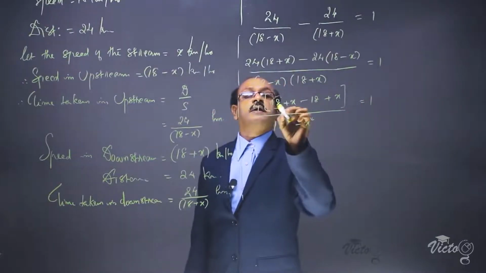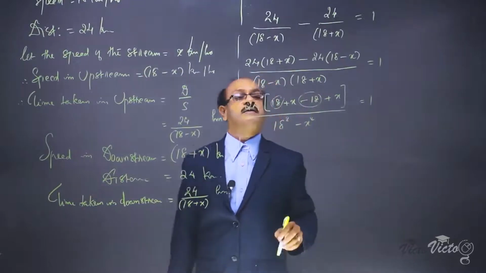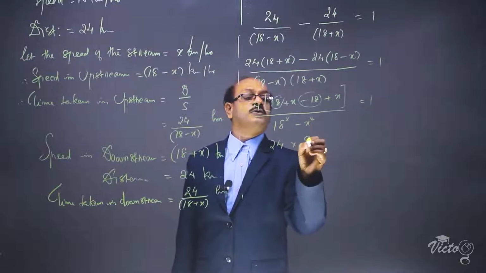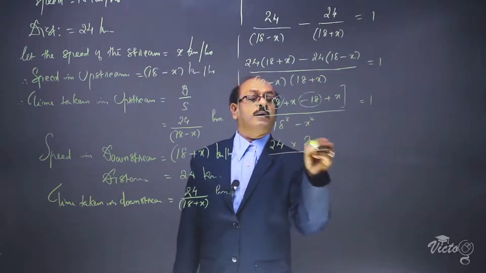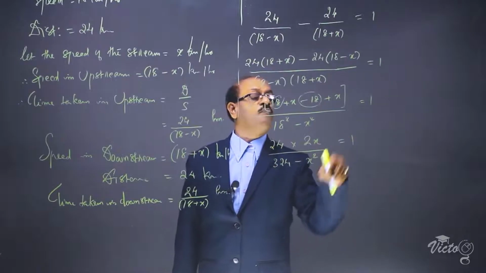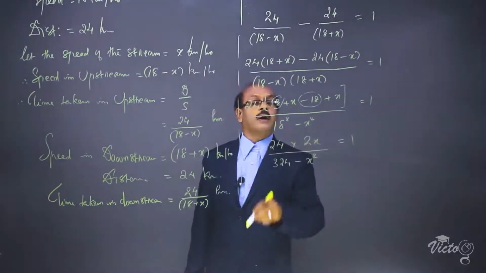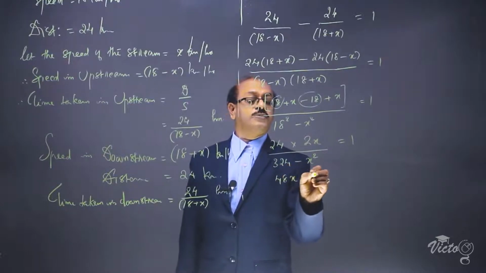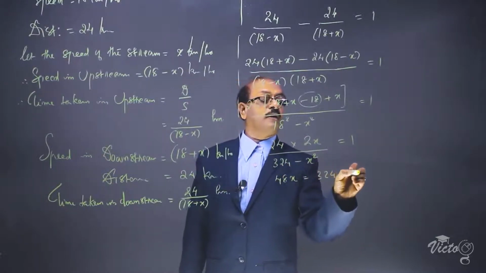Here 18 and minus 18 will get cancelled, and the result is 24 into (x plus x) at 2x, divided by 18 square, 324 minus x square, is equal to 1. Now cross multiplying, 24 into 2x, 48x, is equal to 324 minus x square.